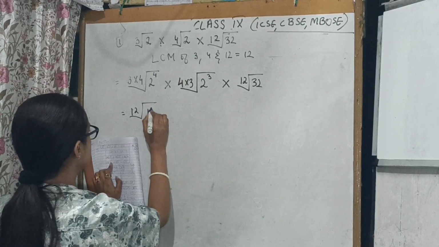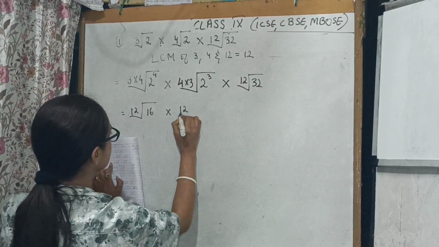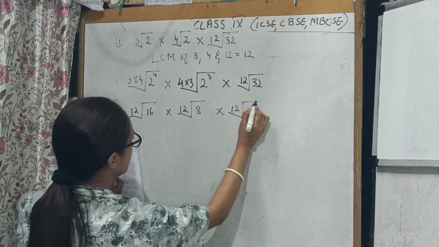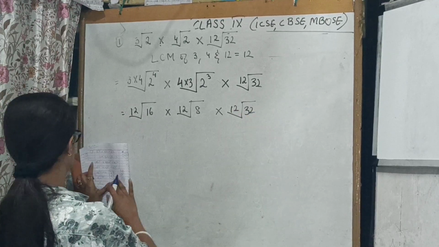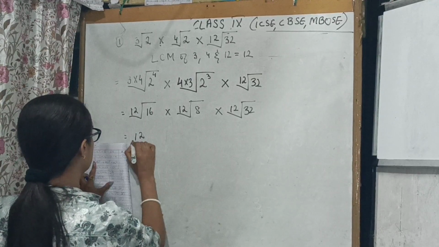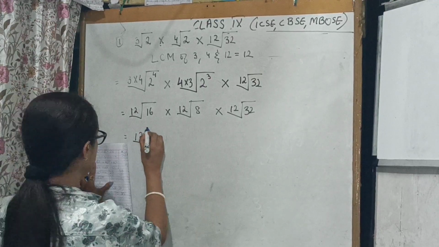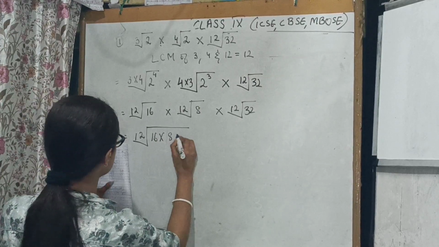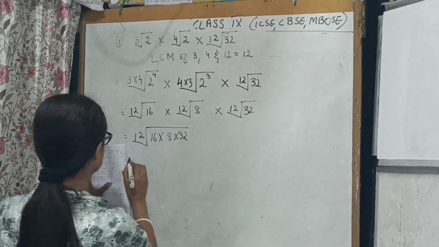So this will be 16, 12, 8, 12, 32. कभी-कभी स्टाइल से pronounce करना चाहिए. So what if we are not English teacher? 16 into 8 into 32.